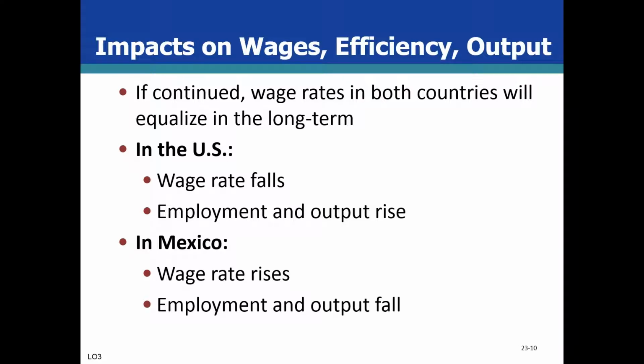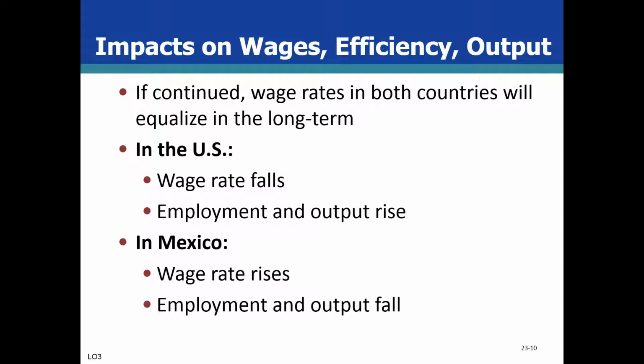So let's just recap on this for a particular quiz or test question. We've held capital constant, and we've moved labor from one market with a lower wage to one with a higher wage that needed the labor. Therefore, in the higher wage market in the U.S., employment and output increase, yet the wage rate falls.